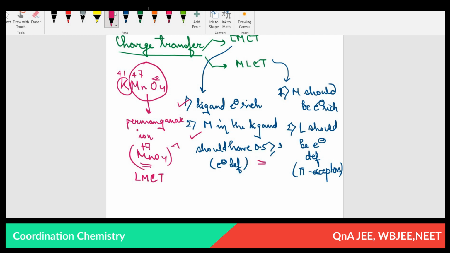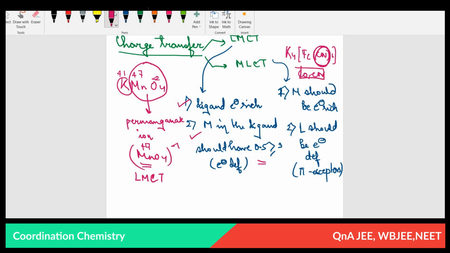Now you might ask me, ma'am, what is an example of an MLCT? See, if we consider potassium ferrocyanide, ligands like cyanide are electron deficient or pi acceptor kind of ligands. The ligands which are higher up in the electrochemical series, like carbon monoxide and cyanide, are pi acceptors.